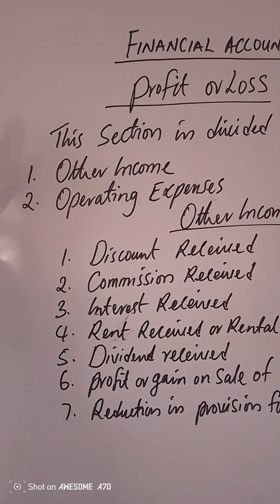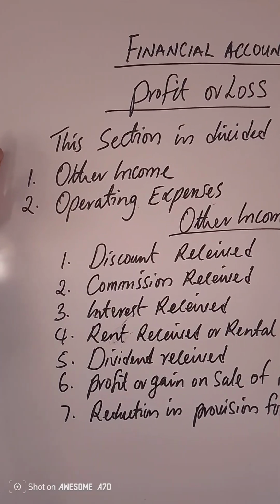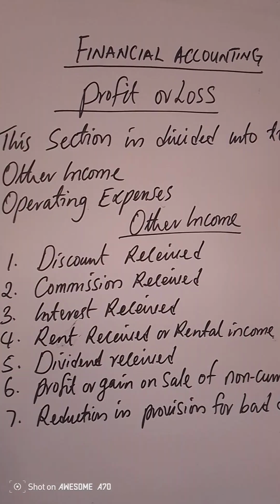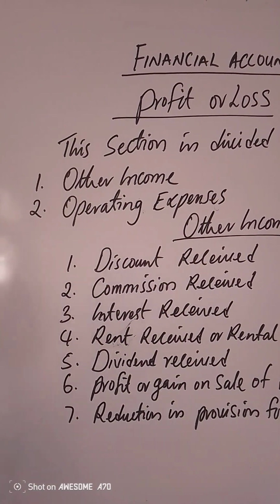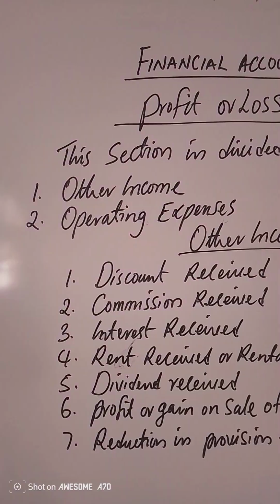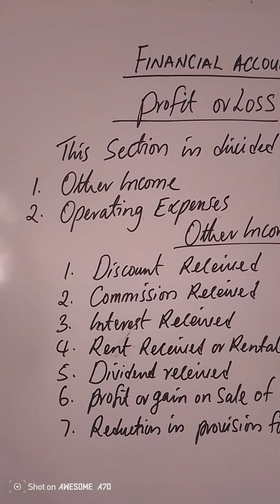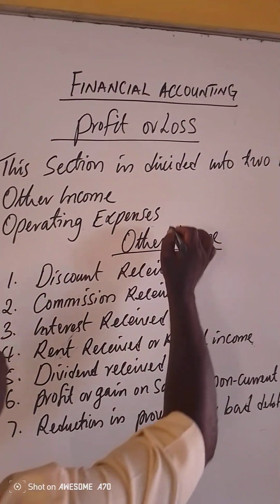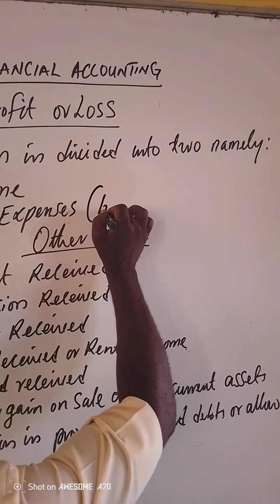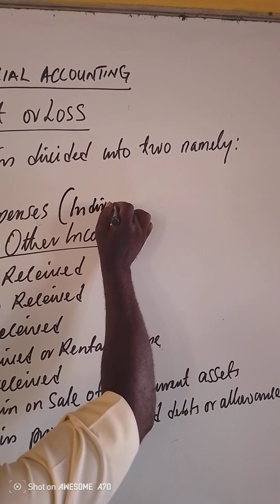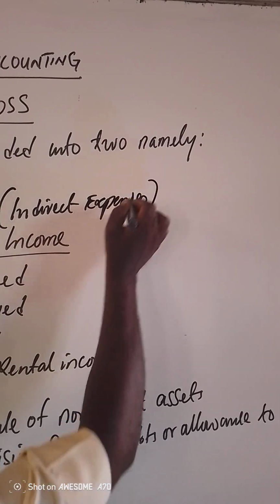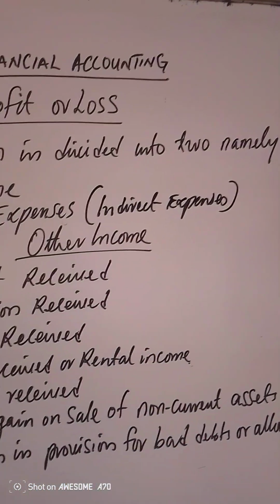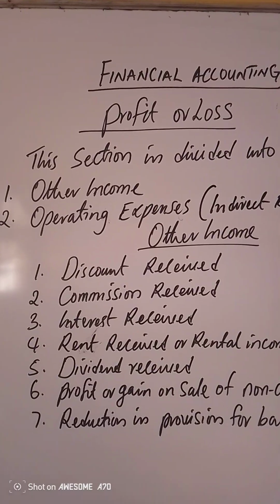Here, the profit or loss section is divided into two. Number one, we have what is called other income, and number two, we have what is called operating expenses. And mind you, these operating expenses are what we call in accounting indirect expenses. So now, let's quickly look at what we mean by other income.